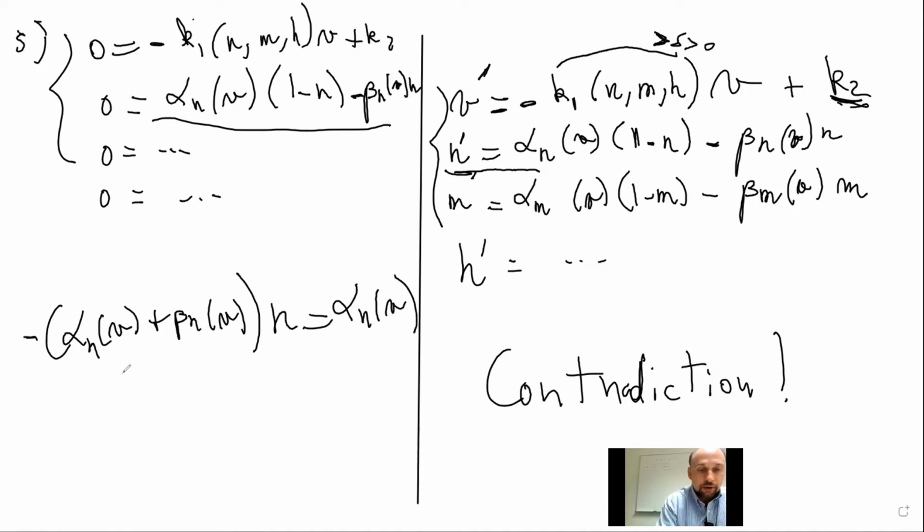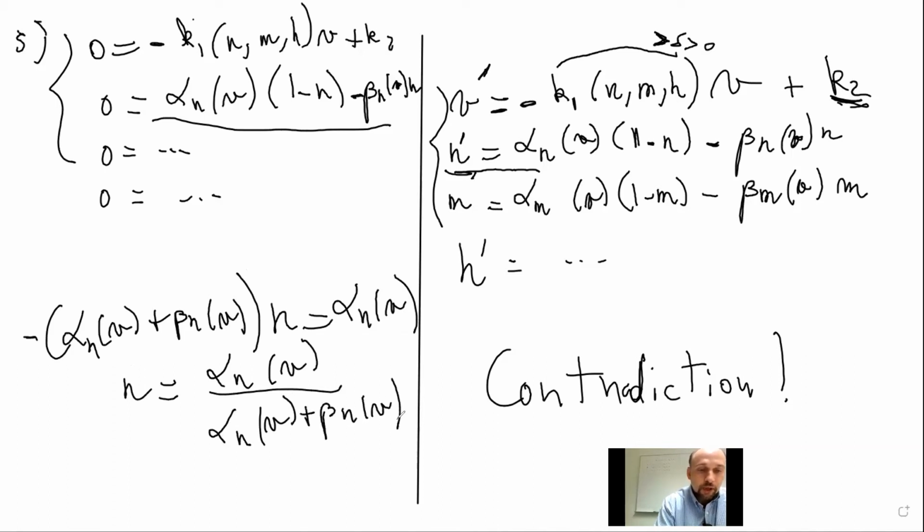And then I deduce that N equals alpha N of V divided by alpha N of V plus beta N of V. And I have the same expressions for M and H. So I can plug into the first equation. So finally, I have an equation to solve that depends only on V.